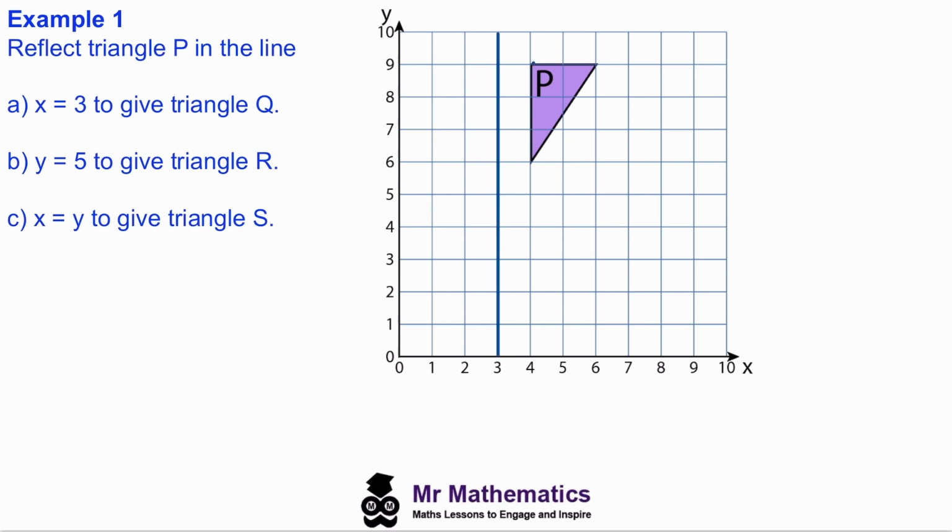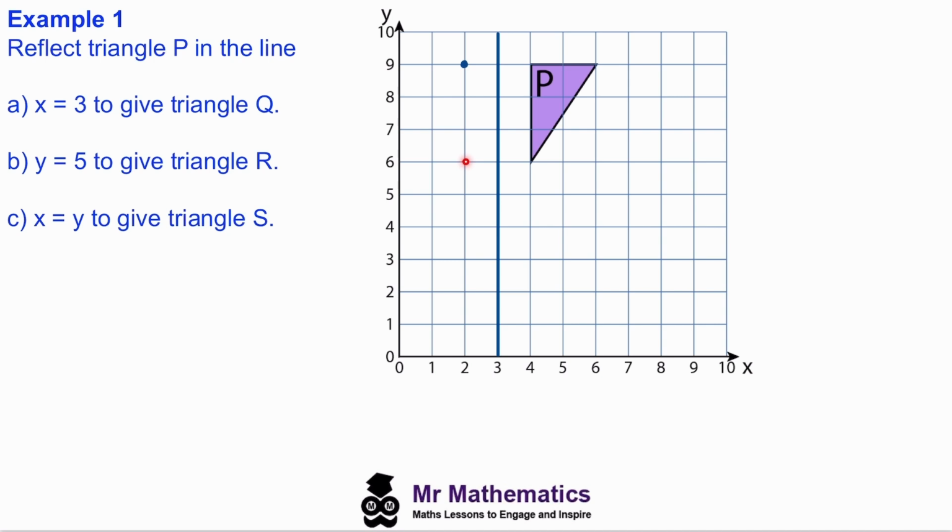And when we reflect the object, every vertex passes through this mirror line, and it passes through the same distance on the other side of the mirror line. So this point is reflected to here. We'll label this new vertex. And this vertex passes through the mirror line at right angles.